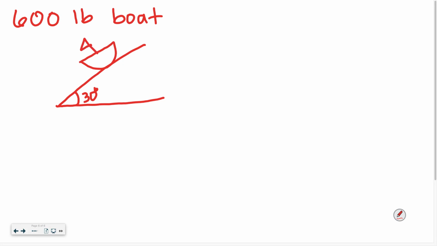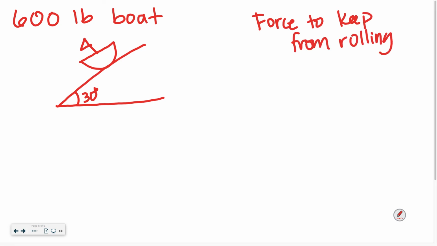What is the force required to keep my boat on wheels from going into the water? Physics again. Maybe this is a driveway, maybe it's a boat ramp, I don't know. Doesn't matter.